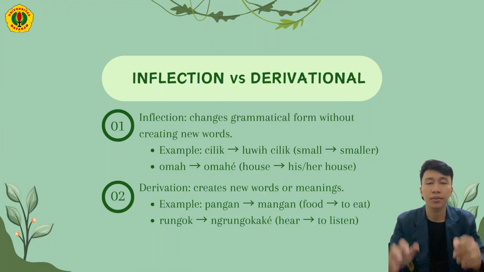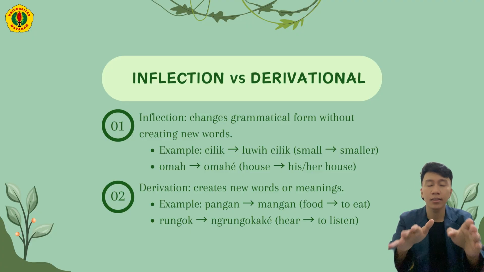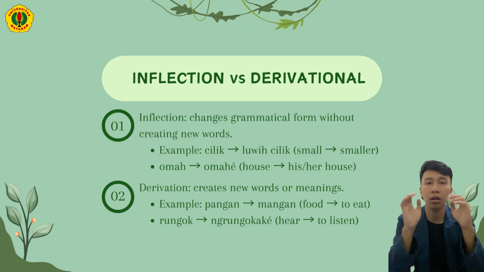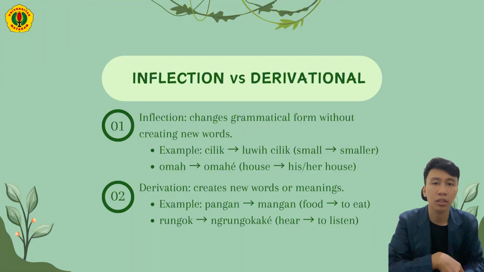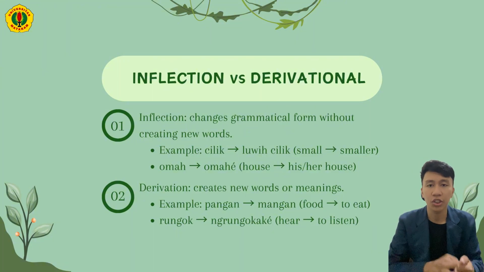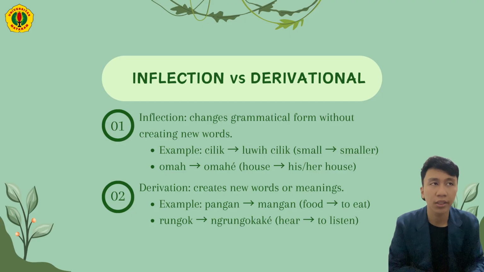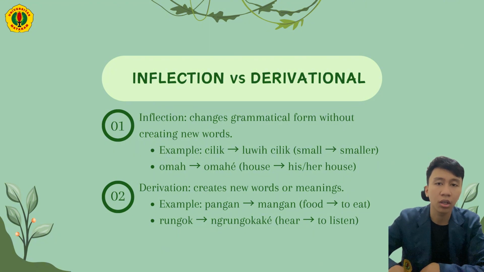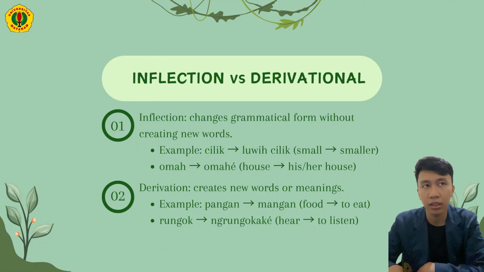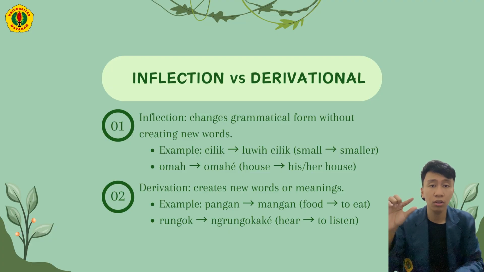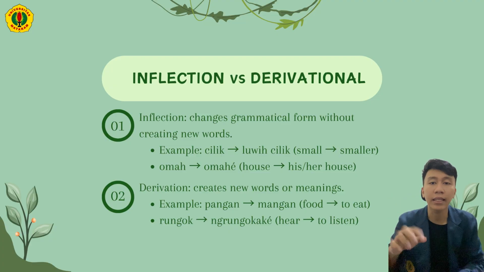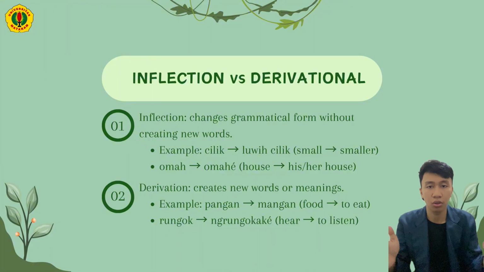Let's talk about inflectional and derivational morphemes. An inflection is when a word changes its form to show grammatical information such as tense, position, or degree, but without changing its basic meaning or word class. For example, cilik means small, and cilike means smaller.